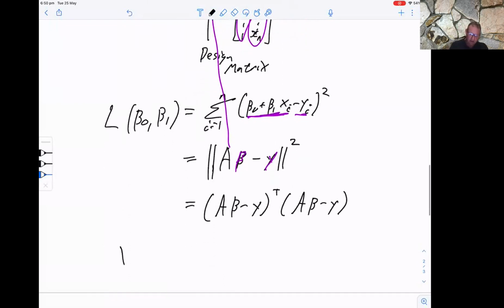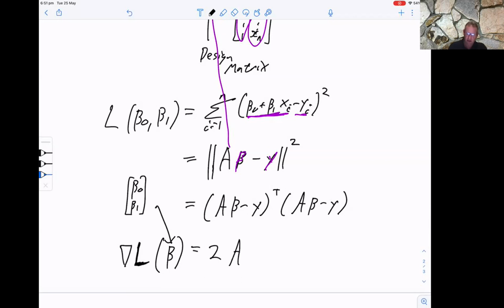Now, it's actually also not hard to see, and we won't do this now, but treat it as an exercise perhaps, and you can do it element-wise if you'd want. You can see that the gradient with respect to beta, let me now just treat it as a vector beta, where beta is again beta 0, beta 1, is going to be an expression which is 2 times this matrix A transposed times the matrix A beta minus y.